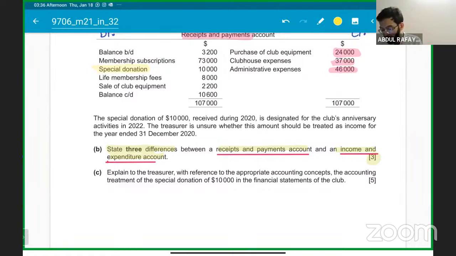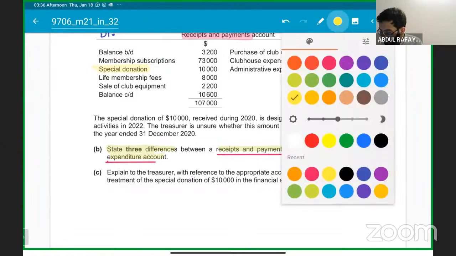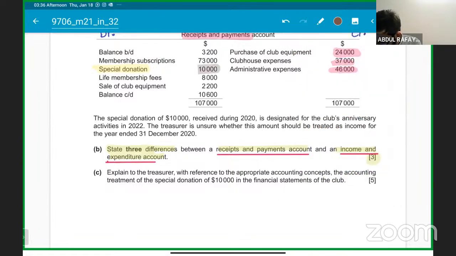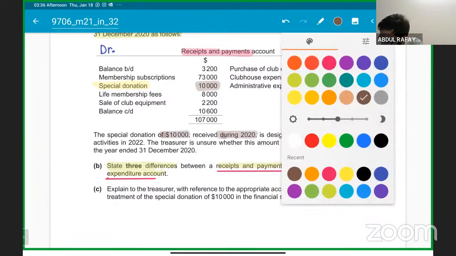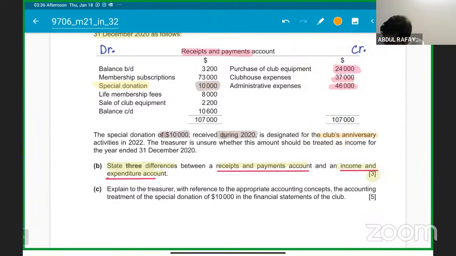They might ask you about donations. Everyone with me? The special donation of $10,000 was received during 2020, and it is designed for the club's anniversary activities in 2022.